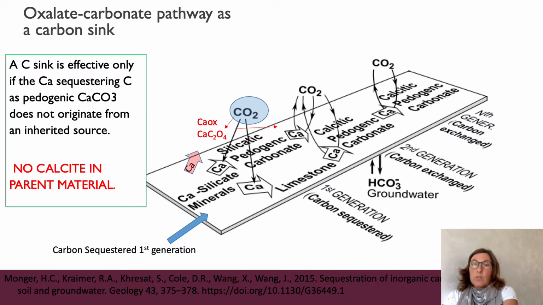The subsequent dissolution of calcite and its reprecipitation, in whichever location it then finds itself, emits a carbon dioxide molecule so that the carbon is exchanged but not sequestered in the later steps. The very important thing is that the soils be non-calcareous to start with.